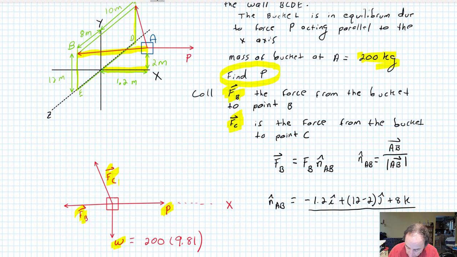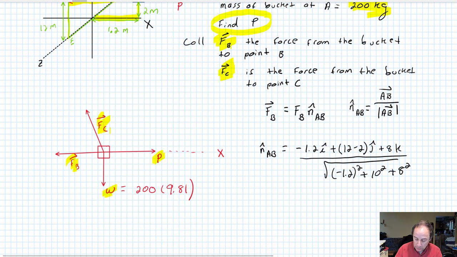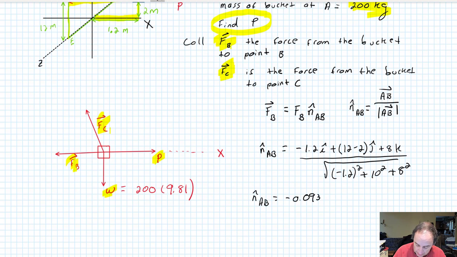Now this whole thing goes over the square root of minus 1.2 squared plus 10 squared plus 8 squared. And when you do that out, you end up with minus 0.093 i plus 0.78 j plus 0.625 k.